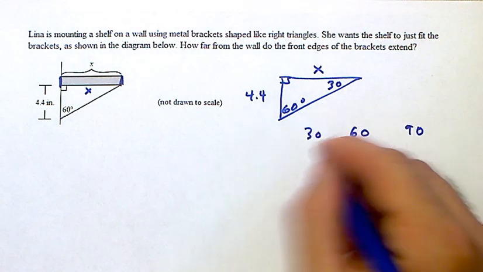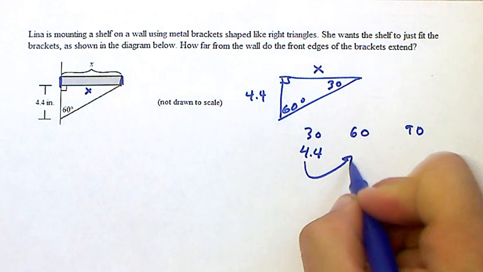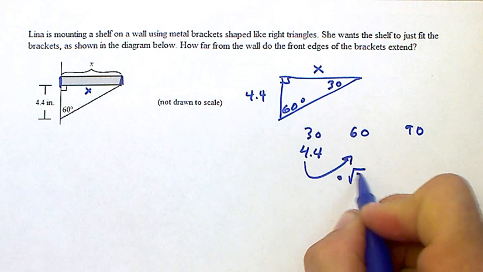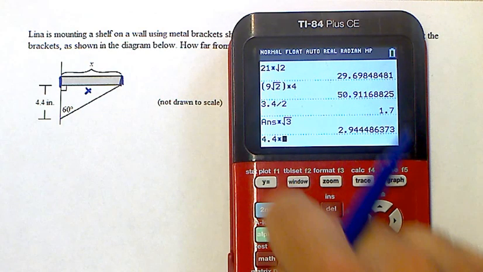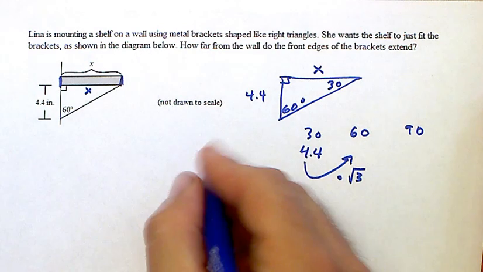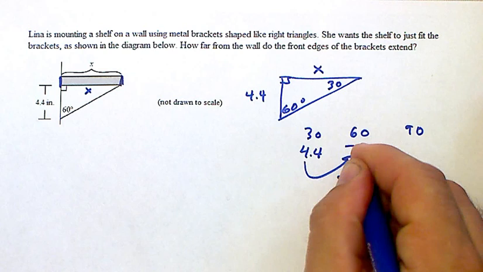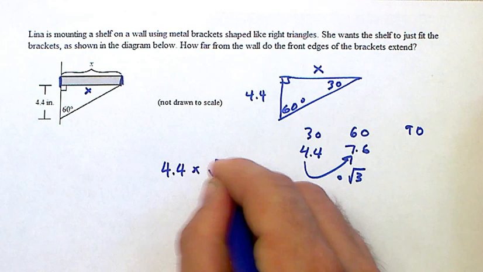That's an easier question. If they're asking the side opposite 60, you're just multiplying by square root of 3. So that's your 4.4 times square root of 3. Boom, 7.6. I got that by doing 4.4 times square root of 3, which gave me that 7.6.